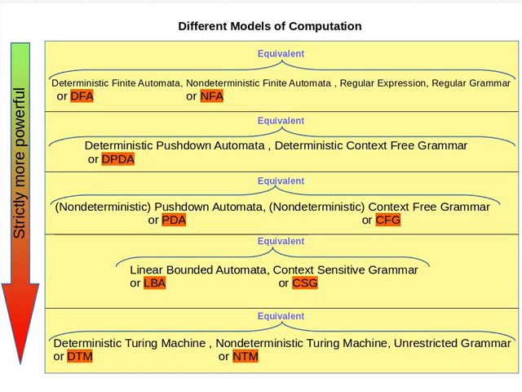We already mentioned all these different kinds of automata and grammars: finite automata, pushdown automata, linear bounded automata, Turing machine. So these are automata. And regular grammar, context-free grammar, context-sensitive grammar, and unrestricted grammar. So these are all grammars.